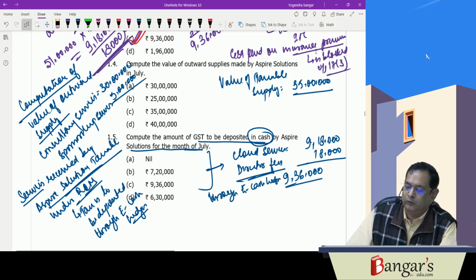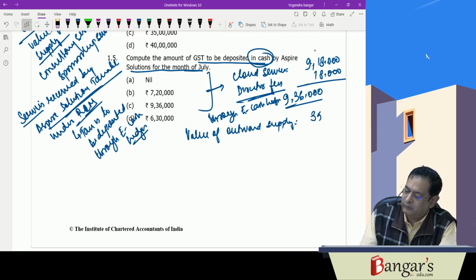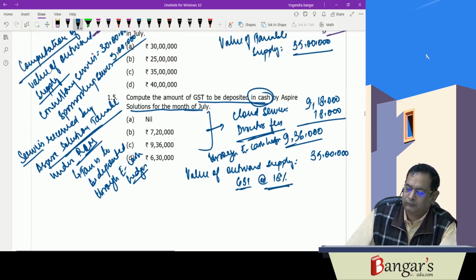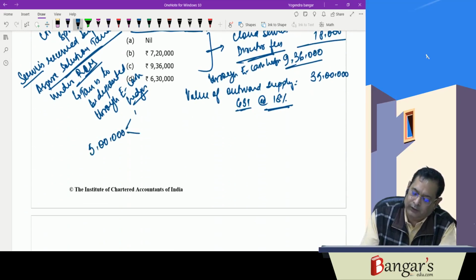Now what is the outward supply? Value of outward supply is 35 lakh rupees, on which GST is charged at the rate of 18%. One is 18% on 5 lakhs. Actually, CGST and SGST is levied, that is on sponsorship.